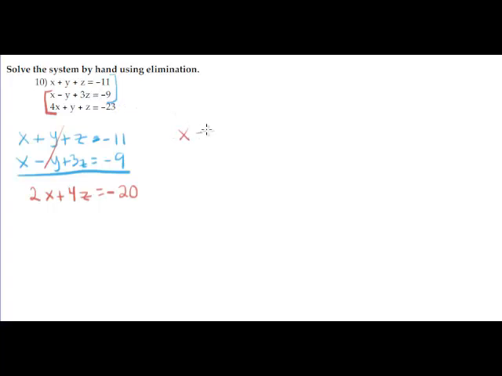So x minus y plus 3z equals negative 9. 4x plus y plus z equals negative 23. And then we add those together. Our y's cancel. X plus 4x is 5x. 3z plus z is 4z. And negative 9 minus 23 is negative 32.